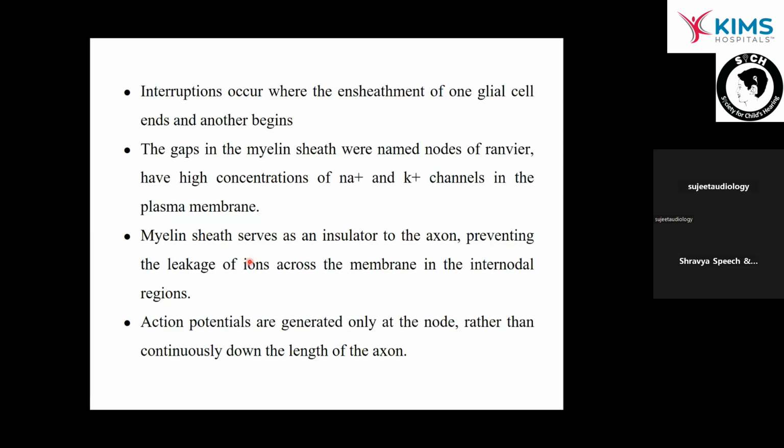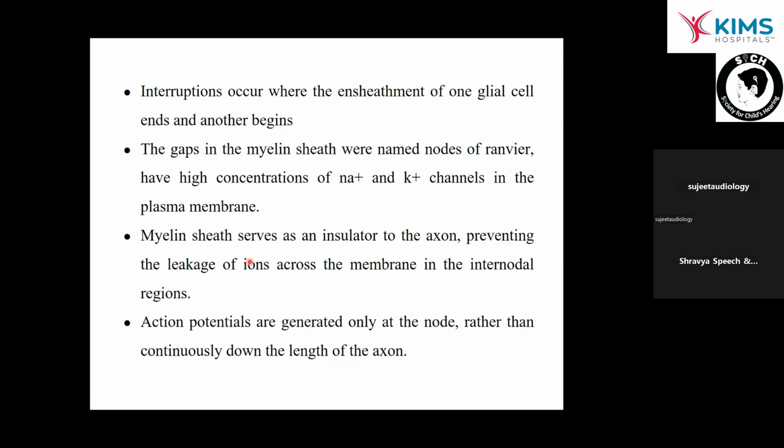So suppose, for example, there are 30,000 auditory neurons. If this myelin sheath is not there, then the signal from low frequency will go to higher frequency, the signal from higher frequency will go to the mid frequency and then to the higher frequency. So there will be a complete distortion of the auditory signal.